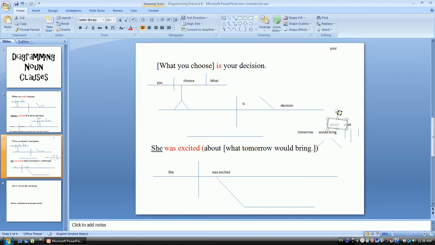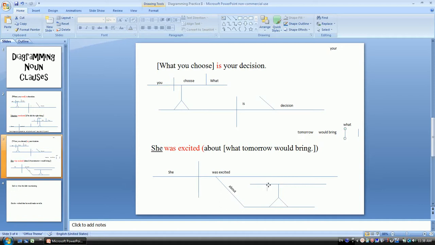So I'm going to swivel about around, and it goes right here on the diagonal line. Kind of like in your infinitives, the to goes on that diagonal line. Your preposition is going to go there. But because our noun clause is functioning as the object, our pedestal is going to go where the object would normally go. So we have this here, just our normal pedestal.